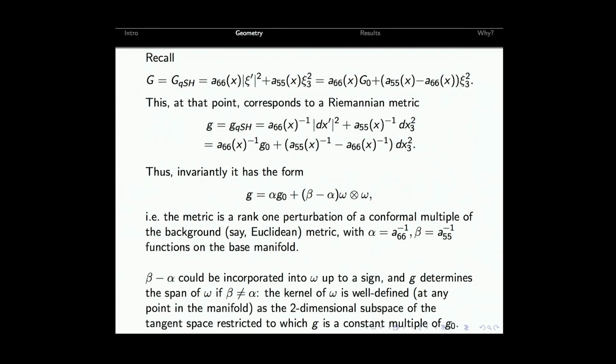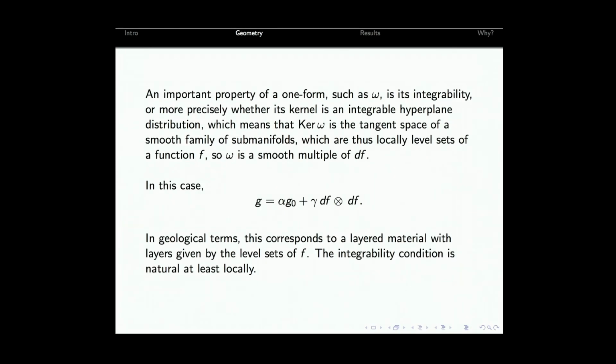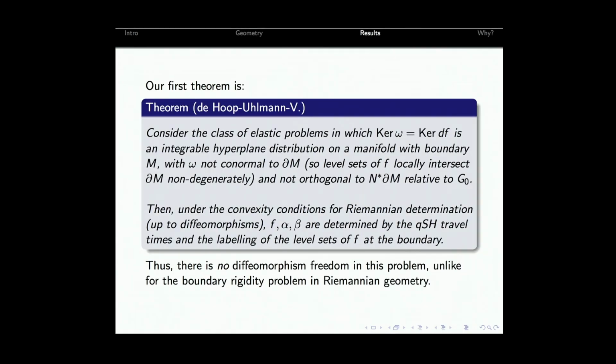So alpha and beta are the reinterpreted material parameters, so they're like A66 inverse and whatnot. Anyway, so basically the upshot is that the isotropy axis together with A55 and A66 can be recovered from this quasi-SH travel times. Again, there are the assumptions that I'm suppressing a bit.